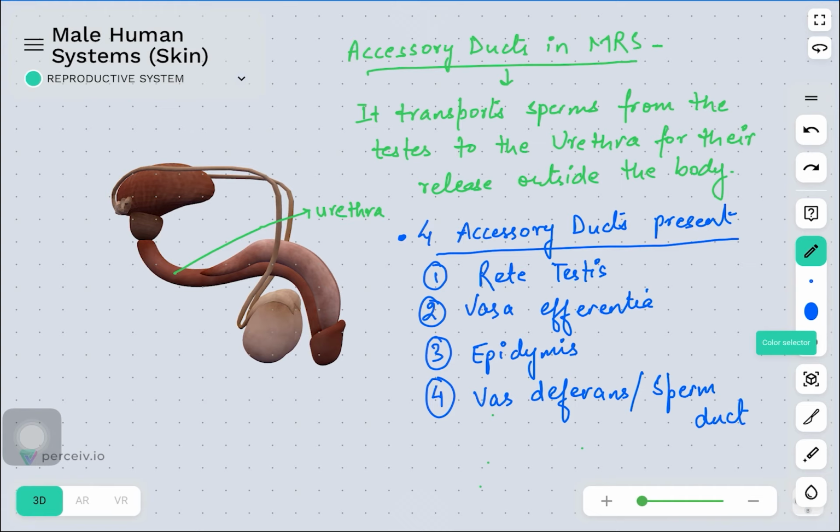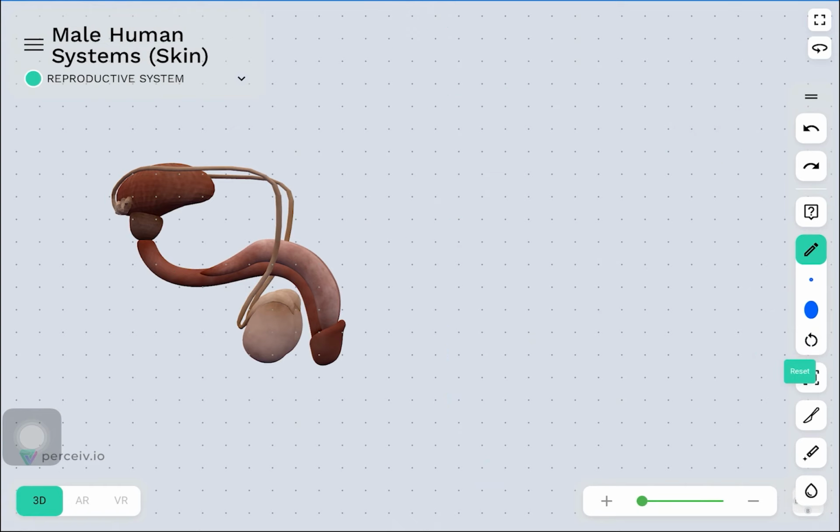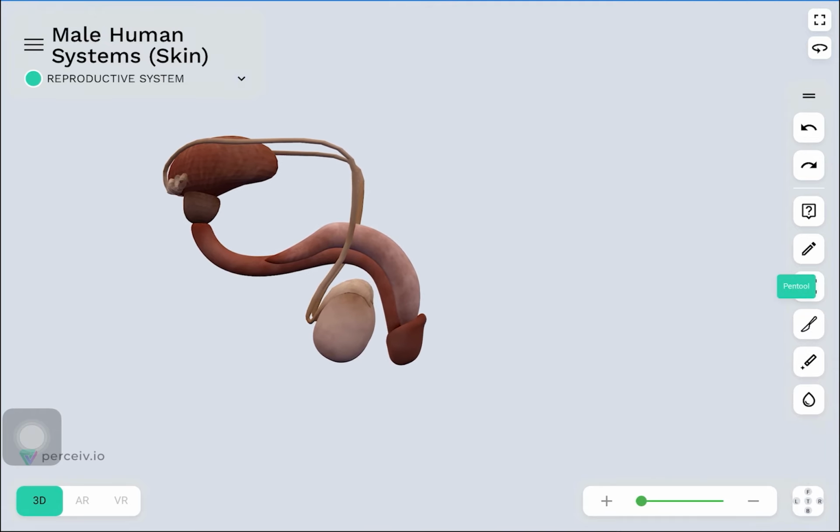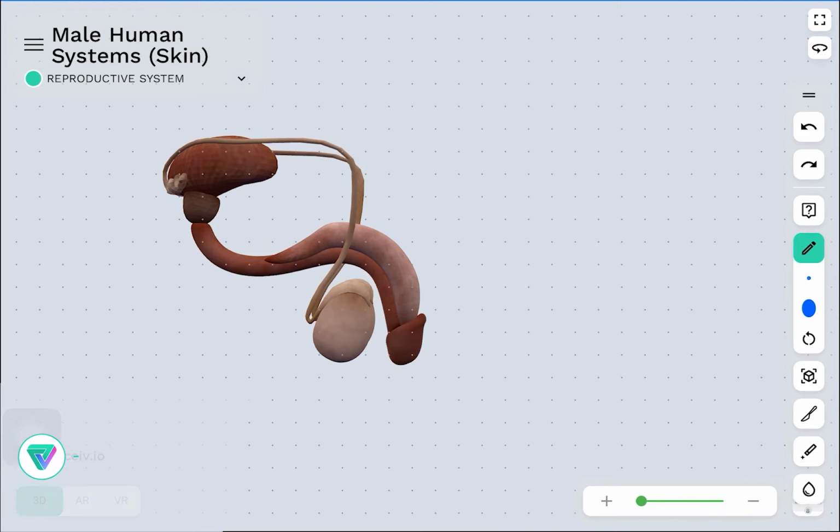So we have already seen, all right, we'll just label it once again, all these components in the male reproductive system. So let's just label it first. Now, if we just bring this model in the center and just label it out. Now see, so we have already seen the epididymis and the vas deferens part. Rete testis and vasa efferentia, which are the 2 initial accessory ducts, are actually hidden.